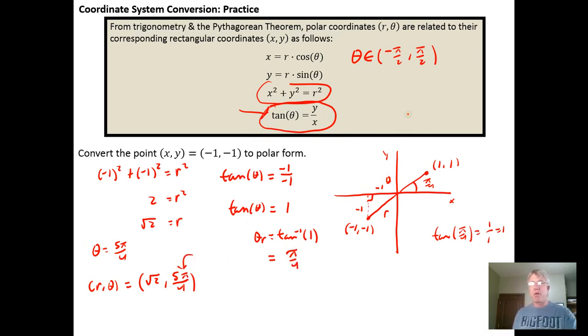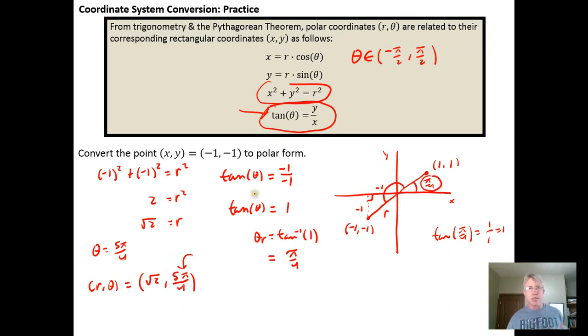So we have to be aware of the quadrant we're in. We need to recognize that if we are in quadrants 2 or 3, the calculator is going to give us a result in quadrants 1 or 4, and to get the angle that we need, we need to take the angle that the calculator outputs and rotate it another 180 degrees or pi radians.